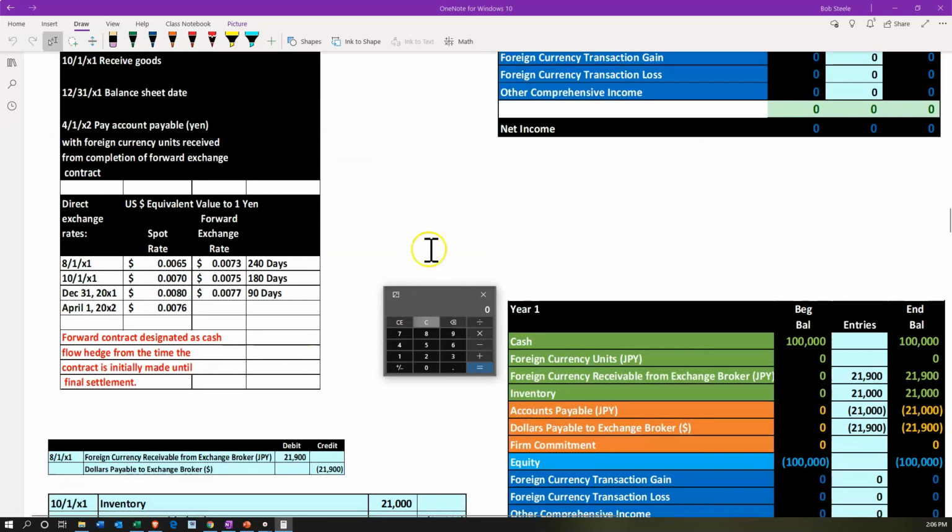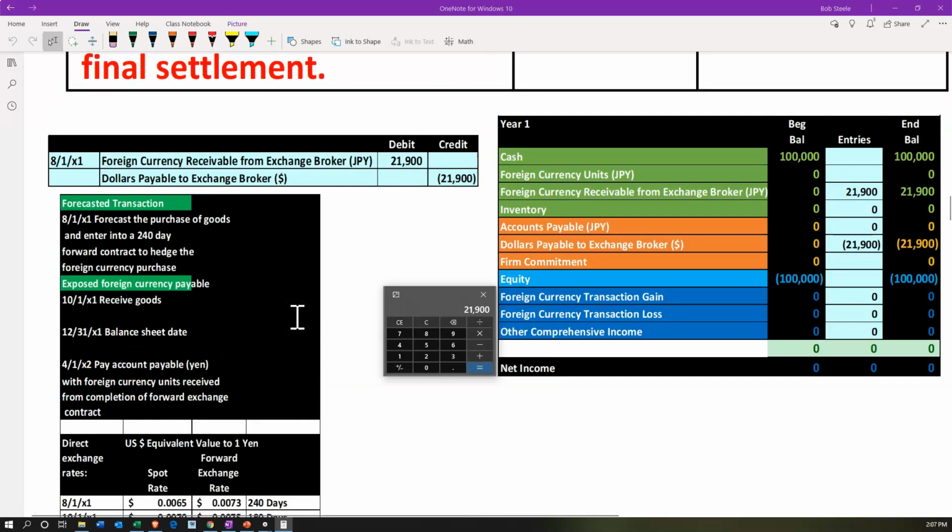We're going to say this is going to be the 3 million yen times the forward rate. We're using the forward rate because we're looking forward to the point in time that this thing is going to end, because it's a forward exchange contract. That's going to be April 1st. Therefore, we're using the forward rate, which is the 0.0073. Nothing different, nothing unusual from this transaction.